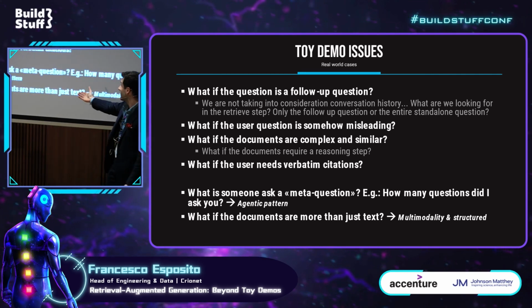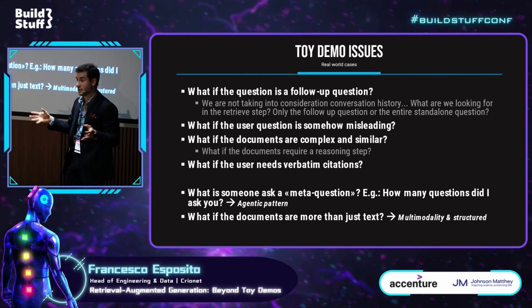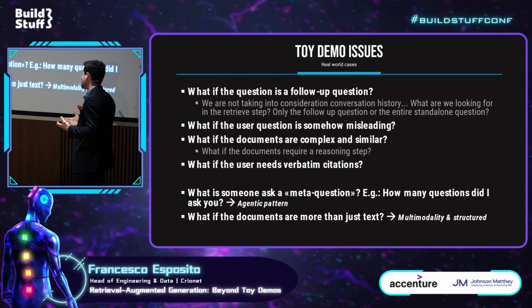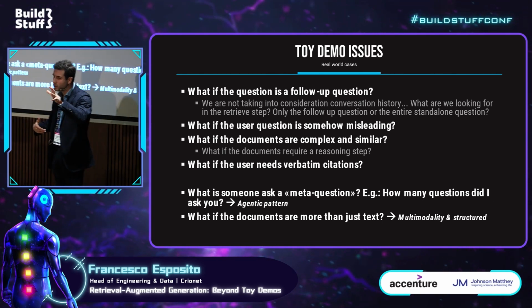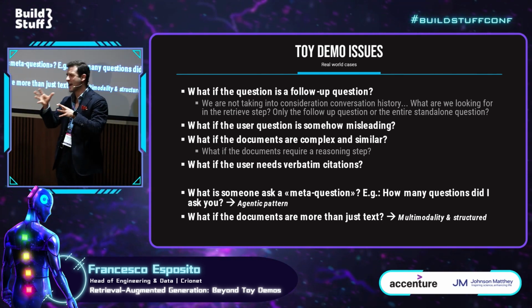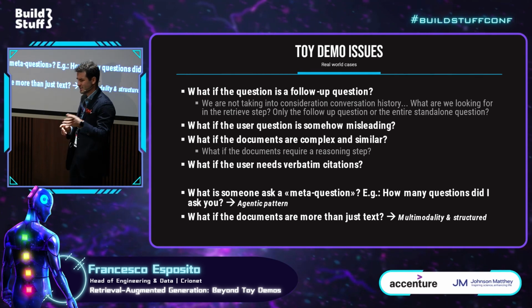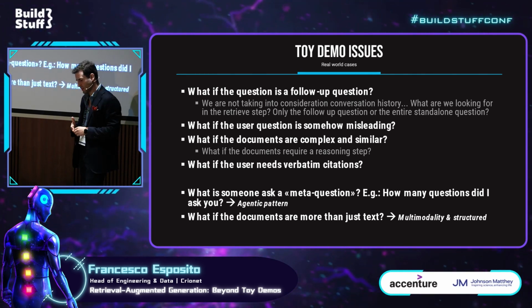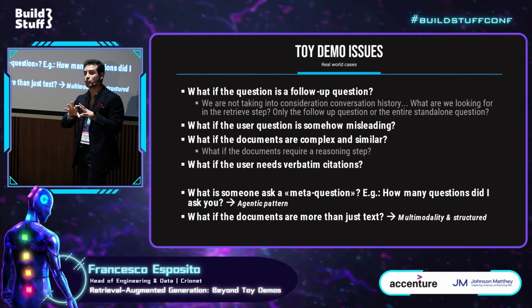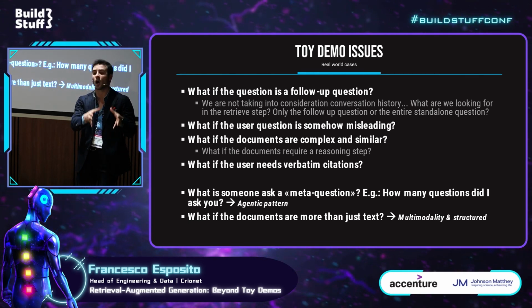But even more simpler point, what if the documents are just more than text? Images, tables can be converted into text, but there's an interesting paper from Microsoft a couple of weeks ago. They published a paper about how to handle embeddings of tables.